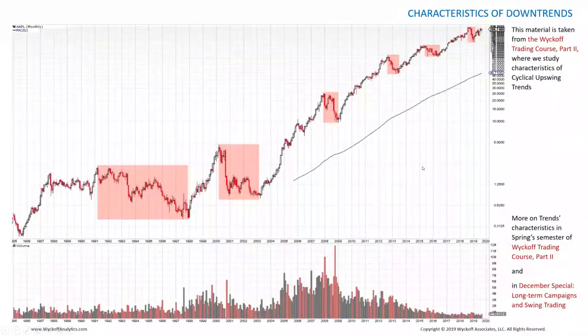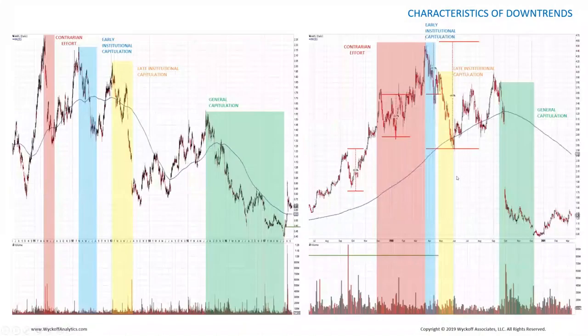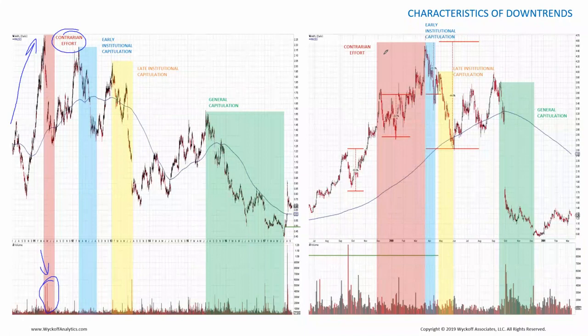Let's look now at examples of the downtrends. Same stock, same price cycle. They also seem to follow the same stages as accumulation, or they have the same kind of elements, attributed obviously to the distribution here. Contrarian effort: these are the value investors that are selling into the strength.